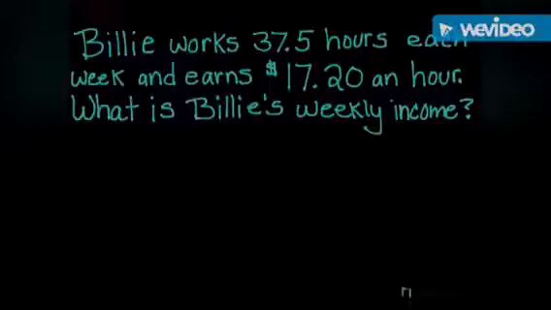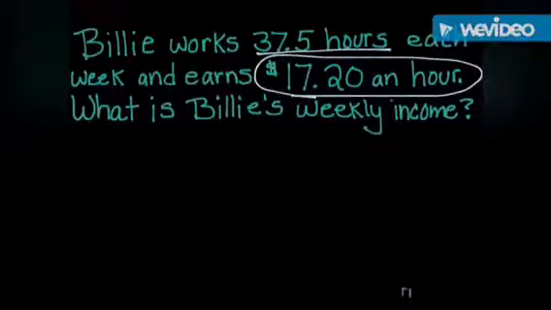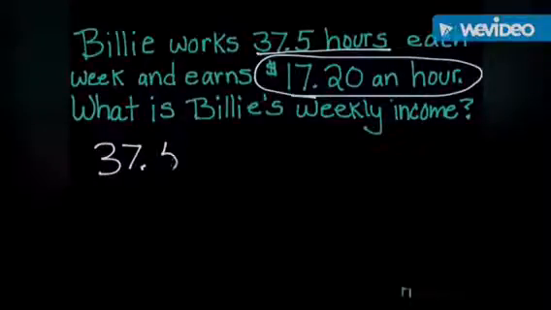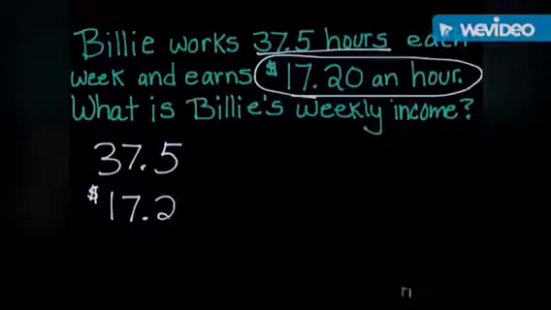Billy works 37.5 hours each week and earns $17.20 an hour. What is Billy's weekly income? From the problem, I know Billy works 37.5 hours. Each hour, he earns $17.20.